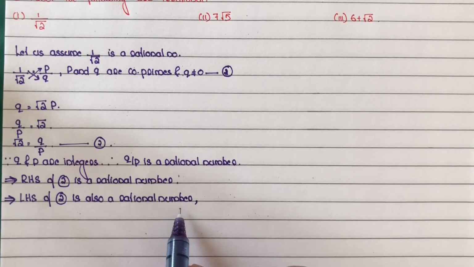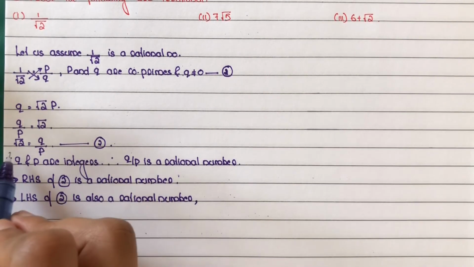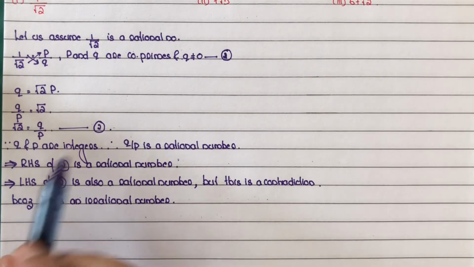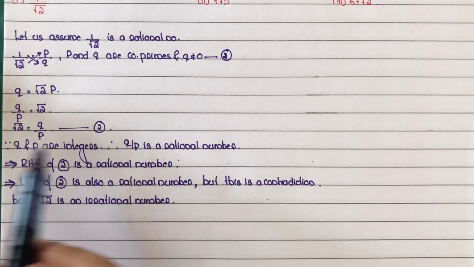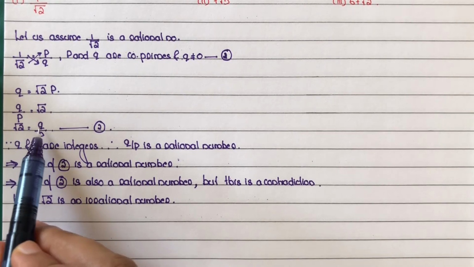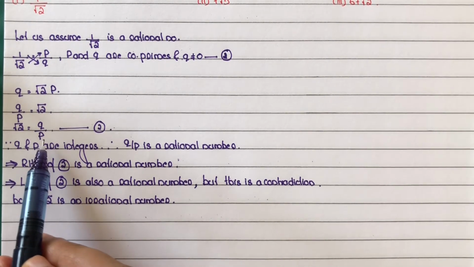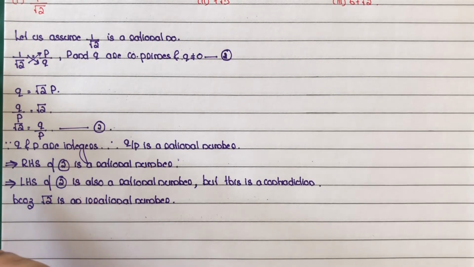But this is a contradiction, because the LHS of equation 2 is root 2 and we know that root 2 is an irrational number. Therefore, equation number 2 contradicts, because root 2 is not equal to q by p. The LHS of equation 2 is an irrational number and the RHS is a rational number, so they cannot be equal.